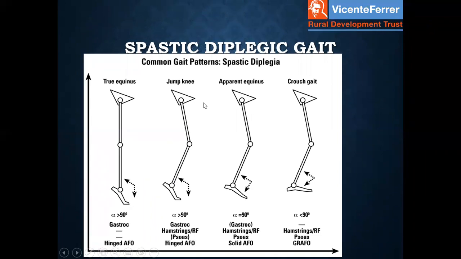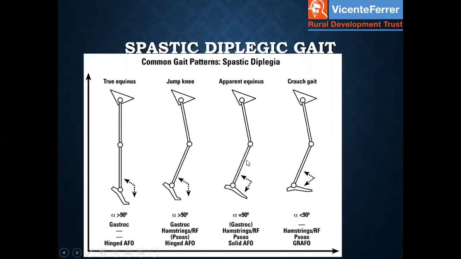In apparent equinus, as any child with spastic diplegia grows in age, the weight of the child will be increasing. This results in slightly reducing the angle between the lower leg and the dorsum of the foot, and it results in the apparent equinus gait.